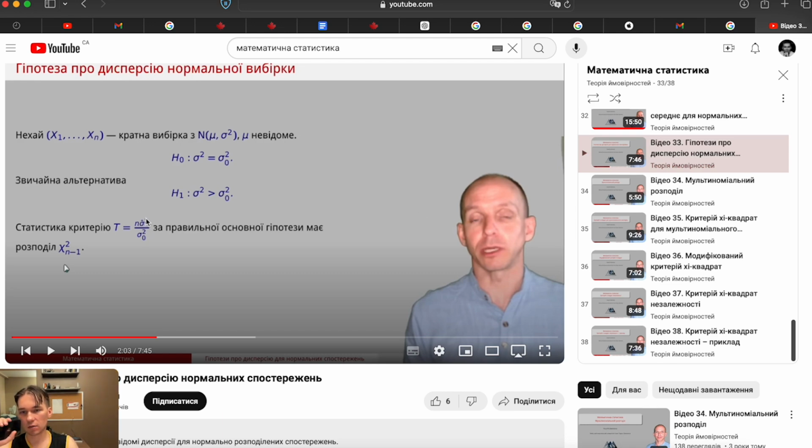This thing has this distribution as we just described, right? If you multiply it by n divided by sigma squared, apparently, what do you do? This.